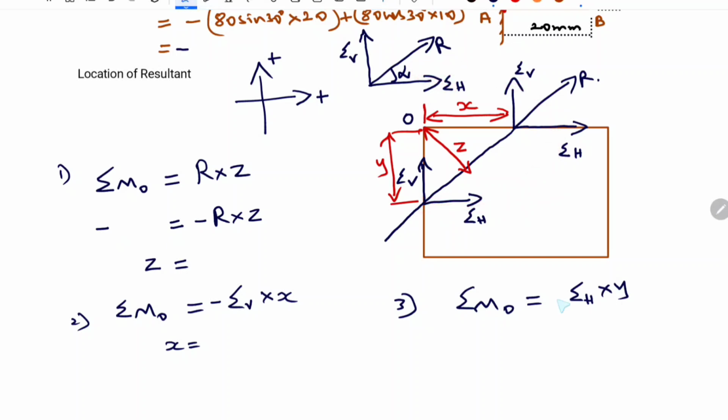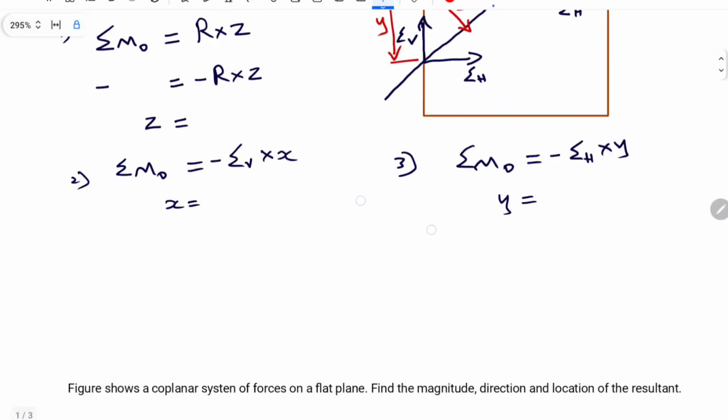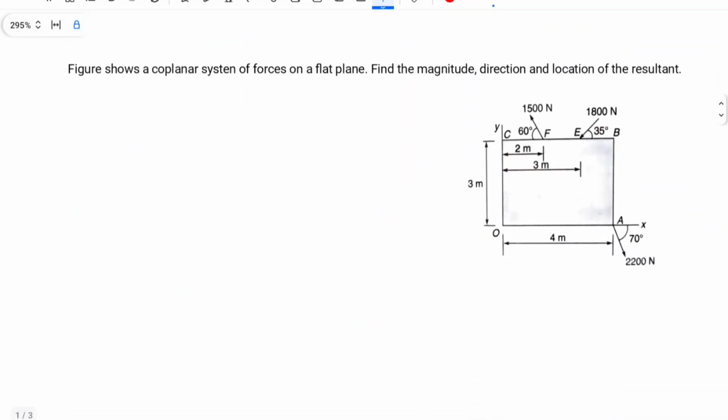So, I can put a negative sign here and find out the value of Y. This is how we can find the perpendicular distances Z, X and Y, and locate the resultant. So, let us solve a problem on that so that you can get some idea.